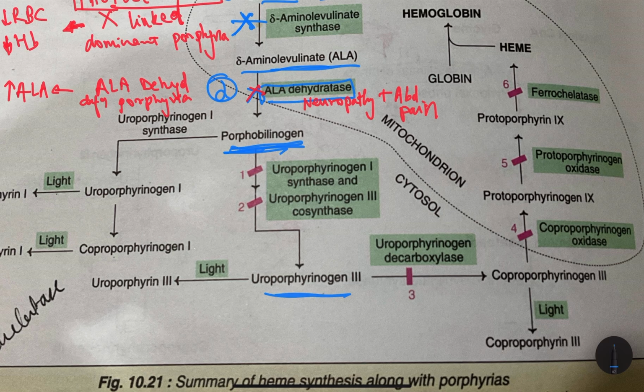So there are two enzymes involved in bringing porphobilinogen to uroporphyrinogen, specifically uroporphyrinogen 3. Now, the first enzyme that is involved is your uroporphyrinogen 1 synthase. Okay, interesting. And the second enzyme that is involved is uroporphyrinogen 3 cosynthase. So let's call the second enzyme as uros.